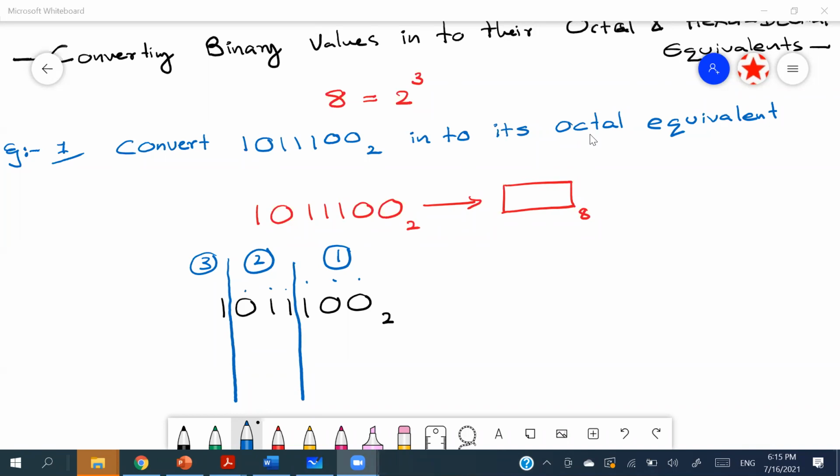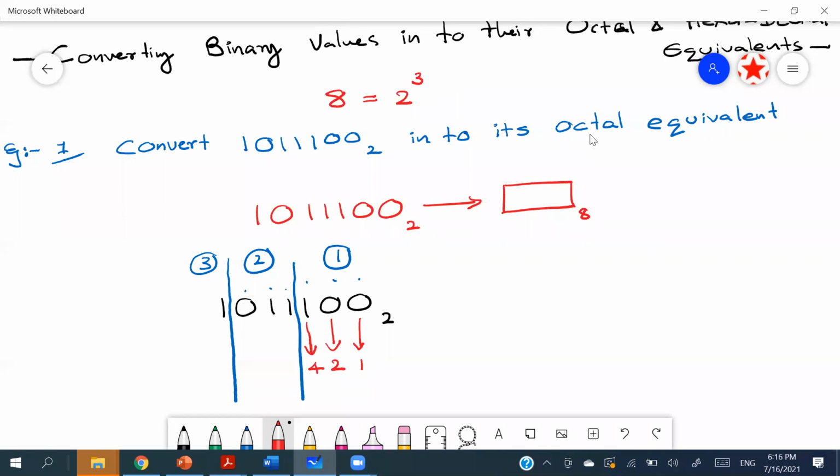So you know how to do that. It is the previous method that we used, using the place values. And I'll show you a shortcut. Shortcut means a short way of doing this, right? Now, if you consider the place values of the first group, it's going to be 1, 2, and 4.